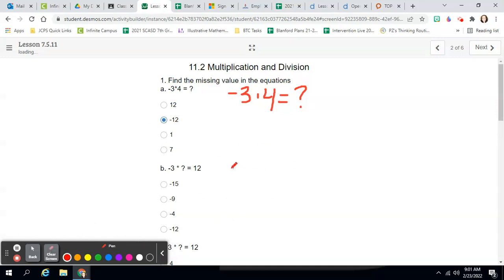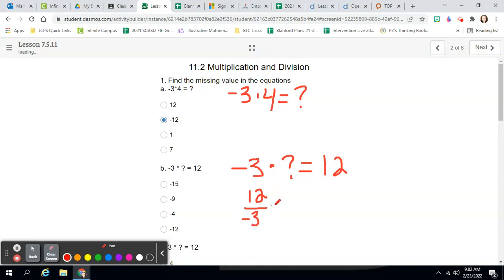And now they're saying, -3 times what equals +12. So when I look at this, I'm thinking, what do I multiply -3 by to get a +12? Well, I'm going to use what we did in the warm-up. I know I can divide 12 by -3, or we could keep it as a fraction.